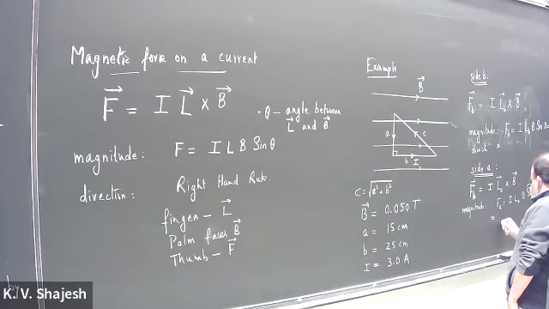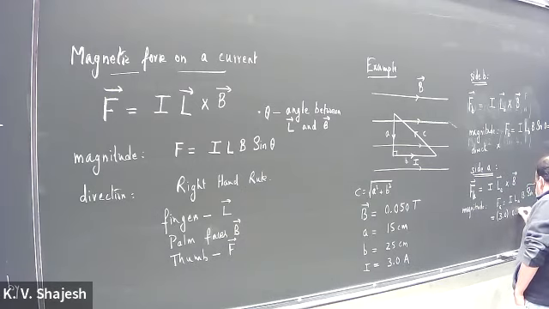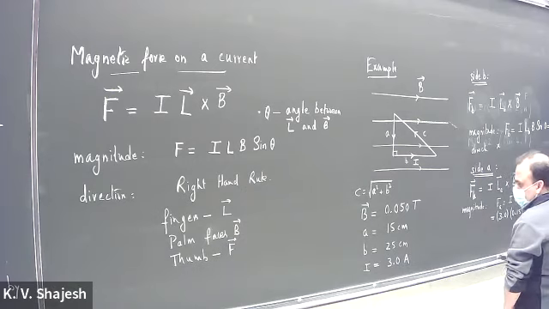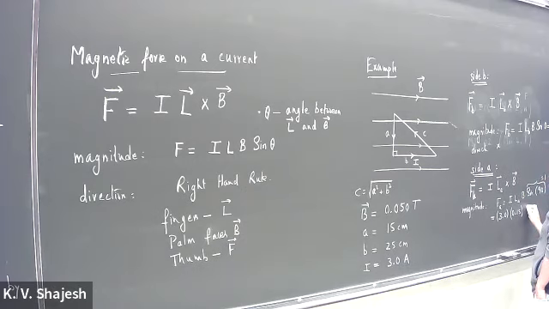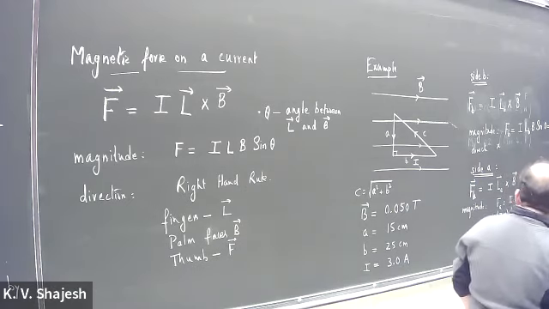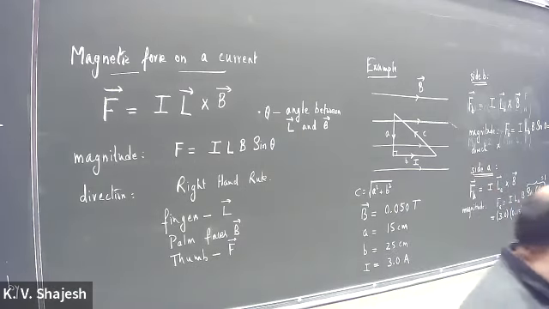That's equal to the current, which is 3 amps, times the length A, which is 0.15 meters, and the magnetic field is 0.05. So 15 times 5, 75, times 3, that's 225.